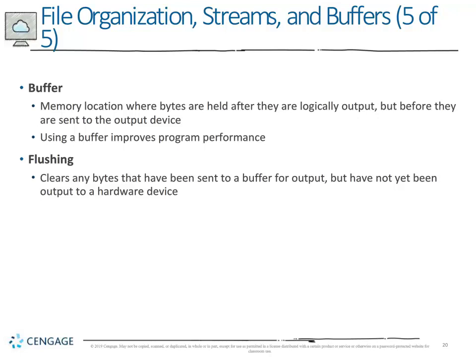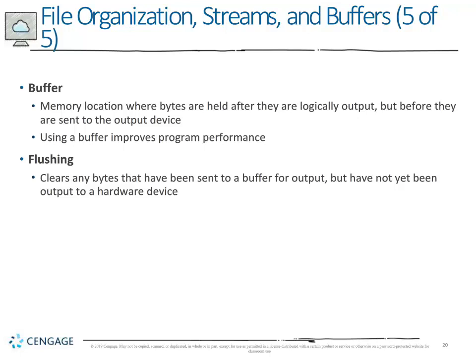Using a buffer to accumulate input or output before issuing the actual I/O command improves program performance. When you use an output buffer, you sometimes flush it before closing it.